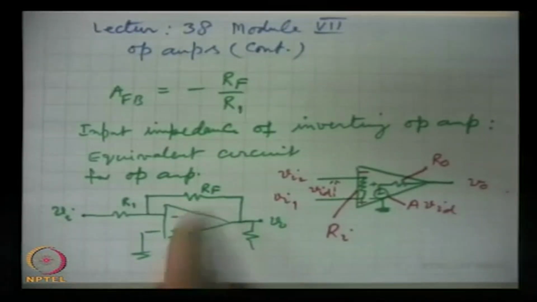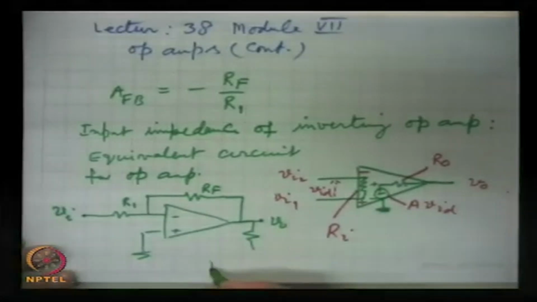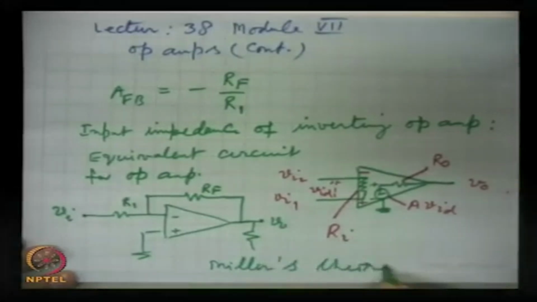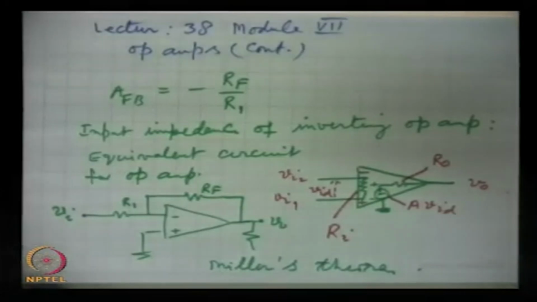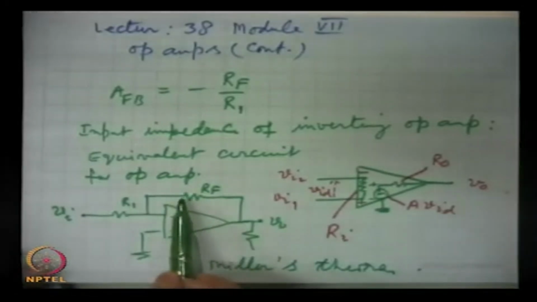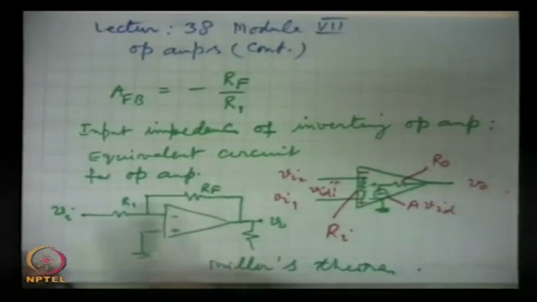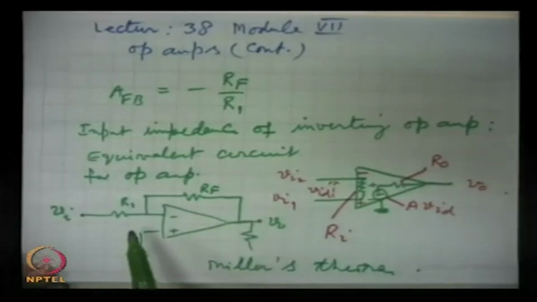So, we can apply Miller's theorem, which we have used earlier. Miller's theorem is applicable to find out the equivalent resistance of this RF at input and output, because this is in Miller's configuration.